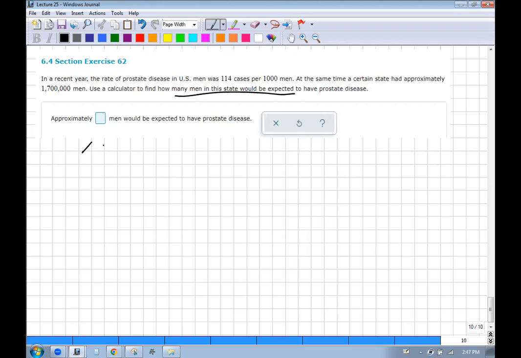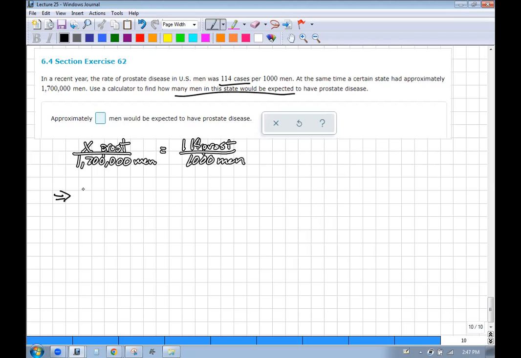So we'll say X prostate disease out of this many million men, they say there's 114 prostate out of 1,000 men.